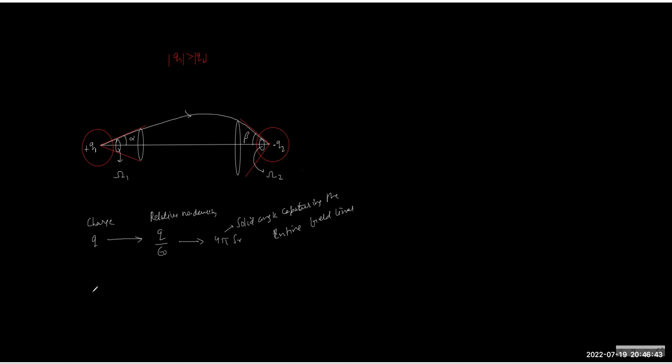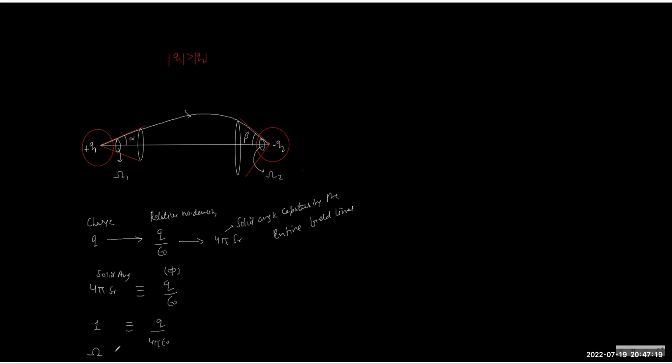We know that 4 pi steradian captures Q by epsilon naught field lines, and this we call phi. Later on we call it flux. So one steradian will capture how much? Q by 4 pi epsilon naught.